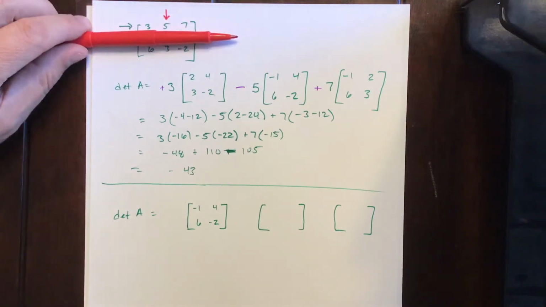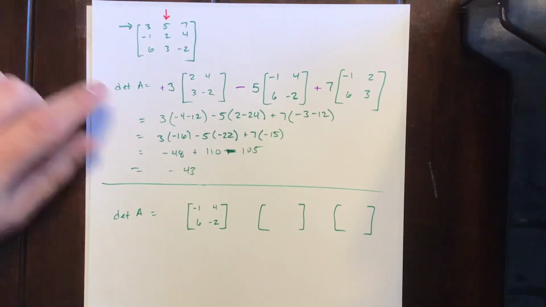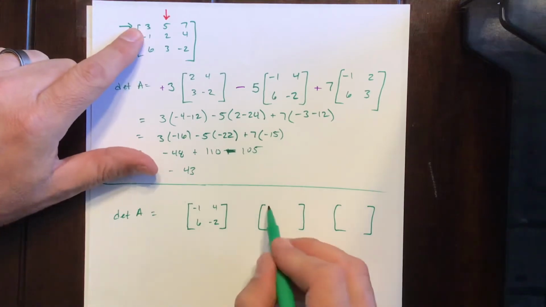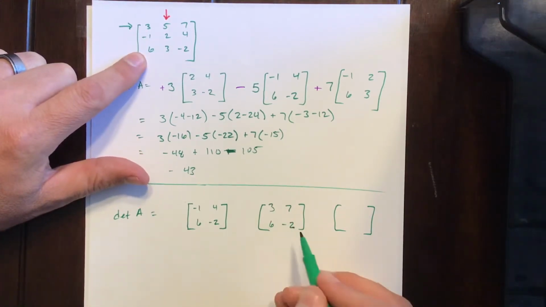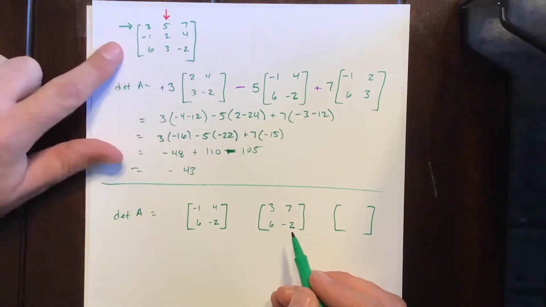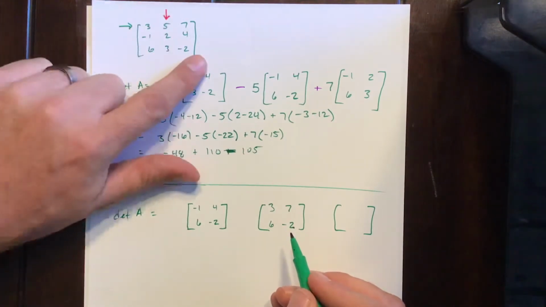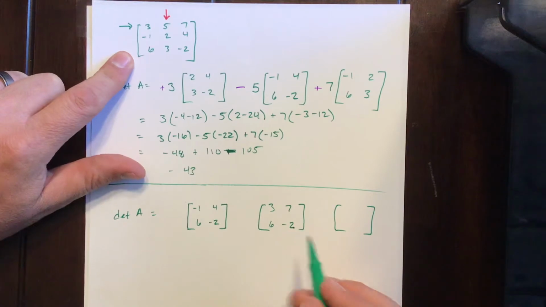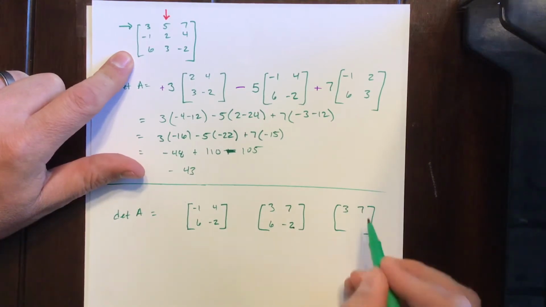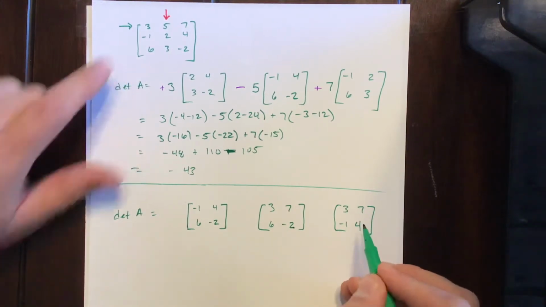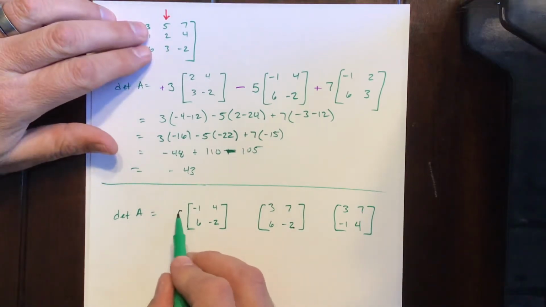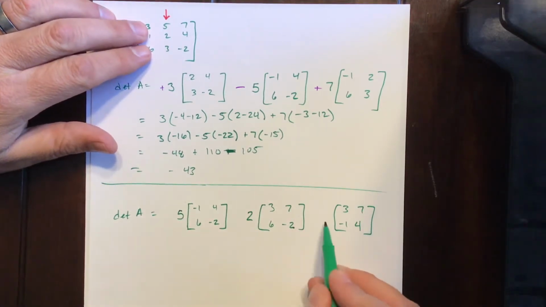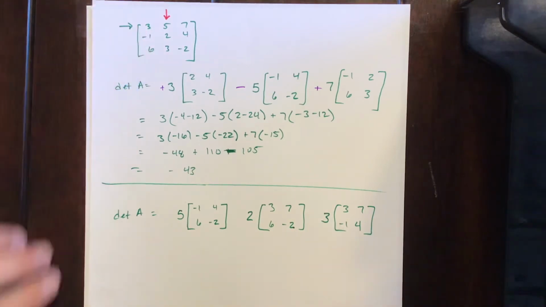Now I cross out the row that 2 is in, so I'm left with 3, 7, 6, negative 2. And cross out the row and column that the 3 is in, so that's 3, 7, negative 1, 4. The coefficients here are 5, 2, and 3.